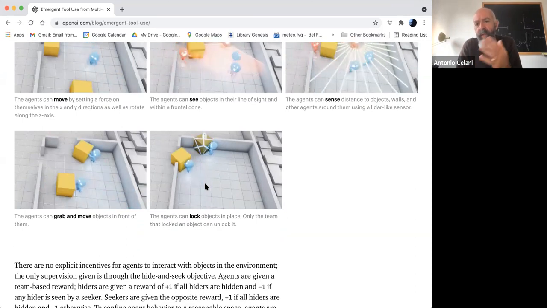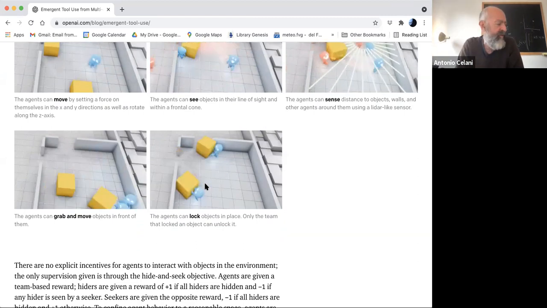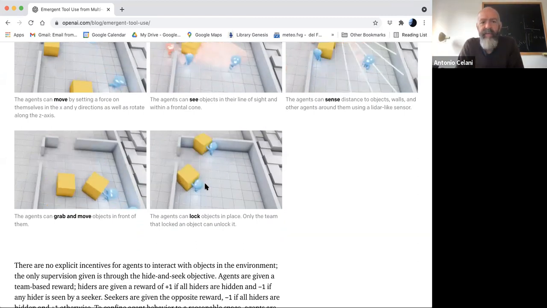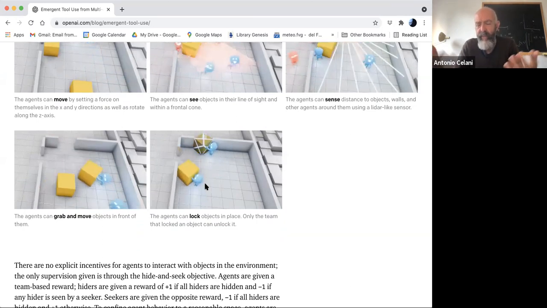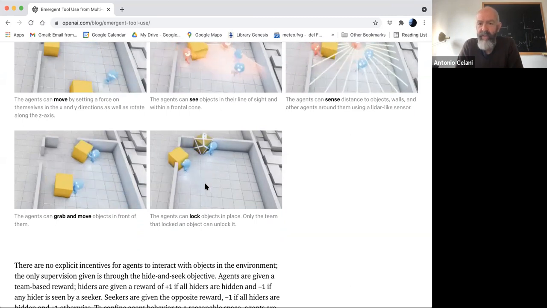All right, so in this case, we are doing some sort of behavioral psychology of algorithms, in the sense that we see things happen and we try to understand what they're doing and why they're doing it.